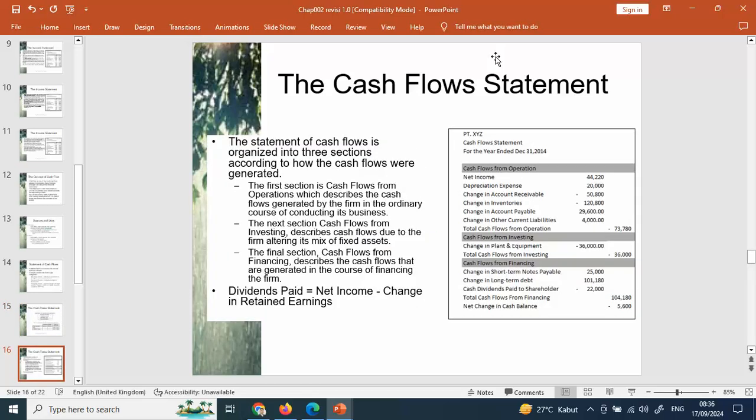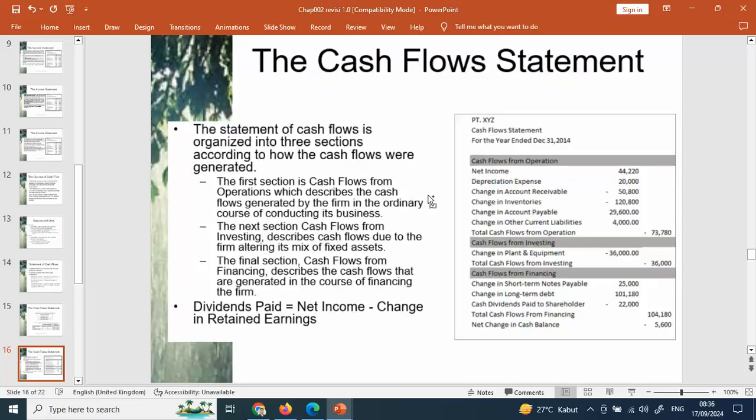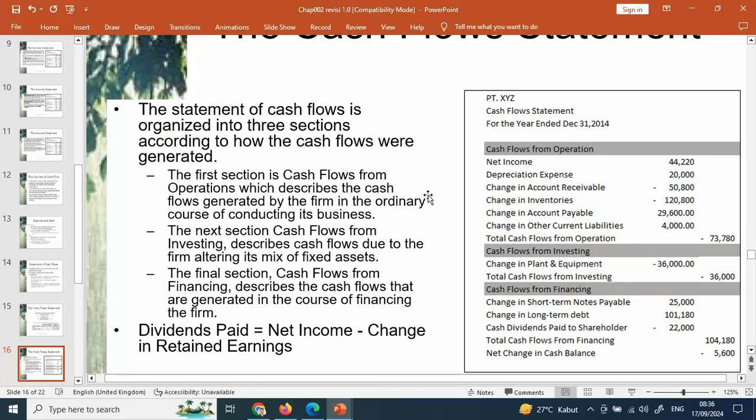Okay, so in the cash flow statements, there are 3 categories, which are cash flow from operation, cash flow from investing, and cash flow from financing.